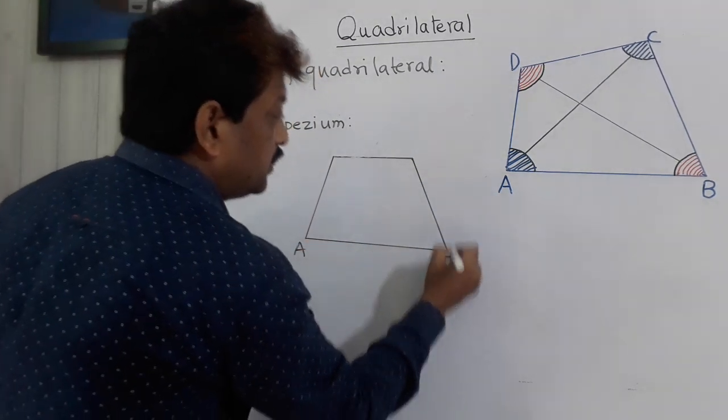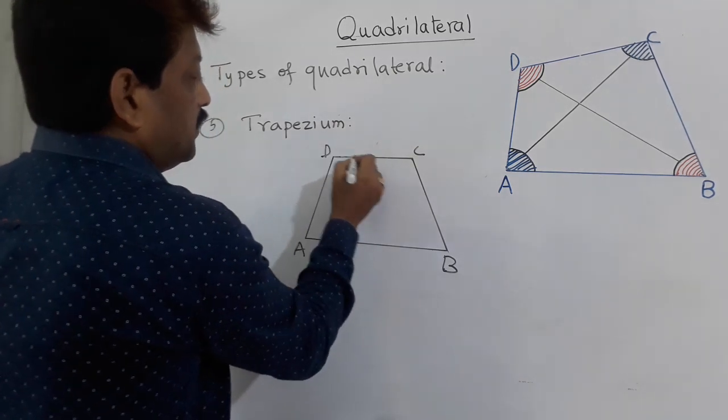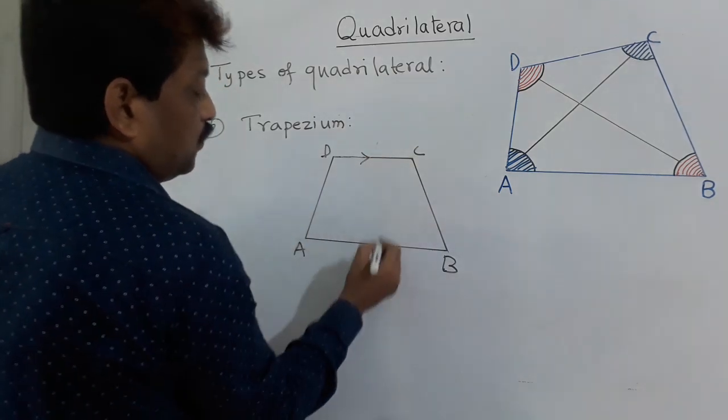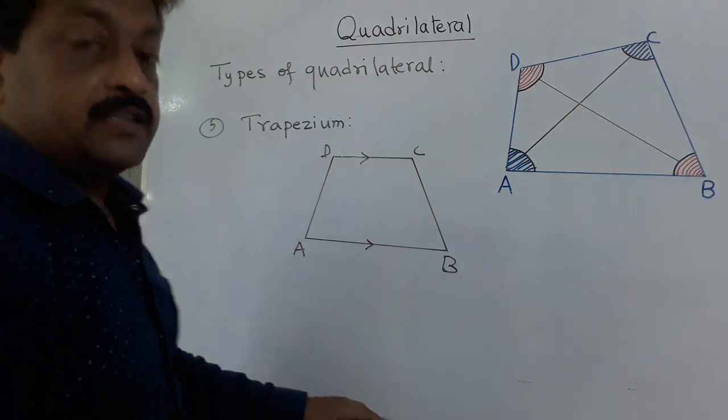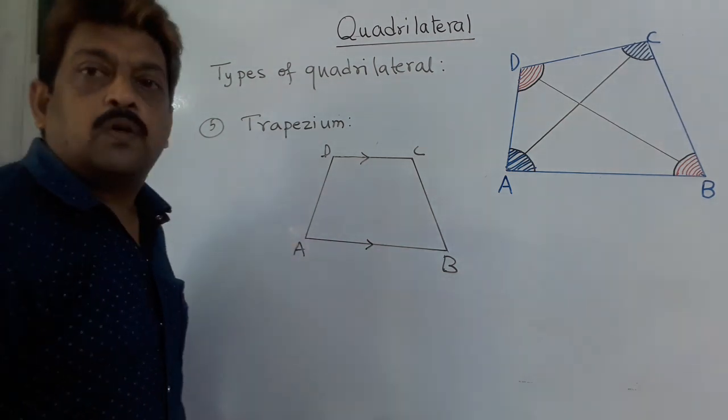So ABCD, this is also a quadrilateral, but speciality is that one pair of opposite sides are parallel. So that is why it is called a trapezium.